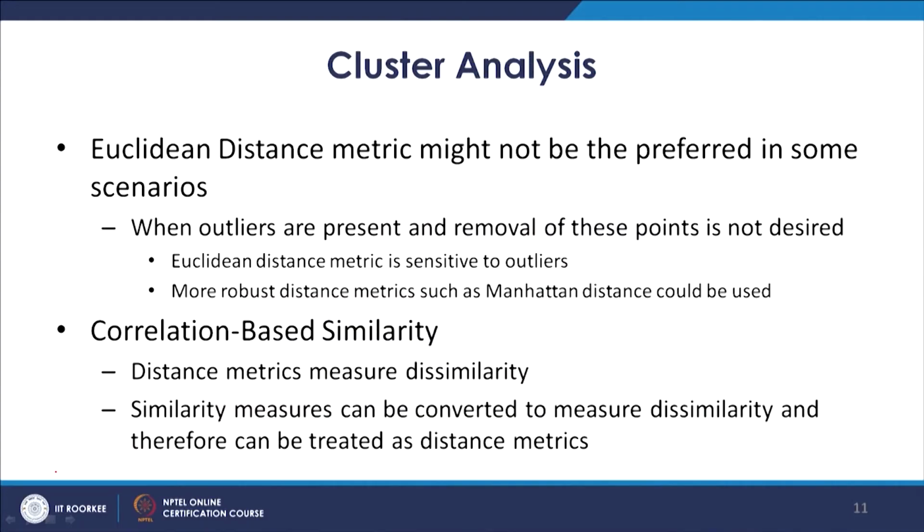Therefore, Euclidean distance metric in such a situation might not be a preferred choice. We can use some other distance metric which is robust to the presence of outliers. Manhattan distance is one which could be used. So what is Manhattan distance? We will discuss that in this particular lecture itself.